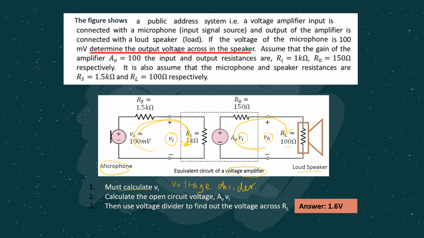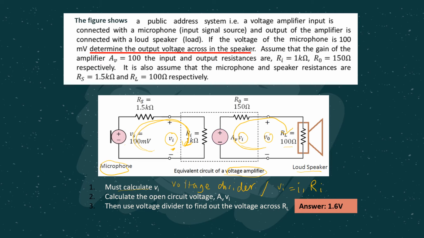Once you find the current, you can calculate Vi, which is the current times Ri. So there are two ways: either you do the voltage divider or you do Ohm's law. Vi is Ii times Ri. You can use any method here.